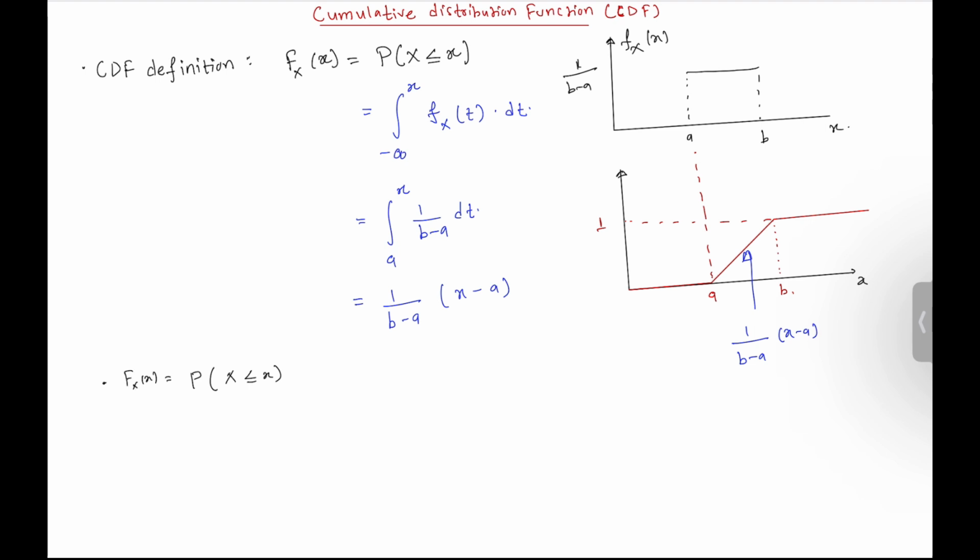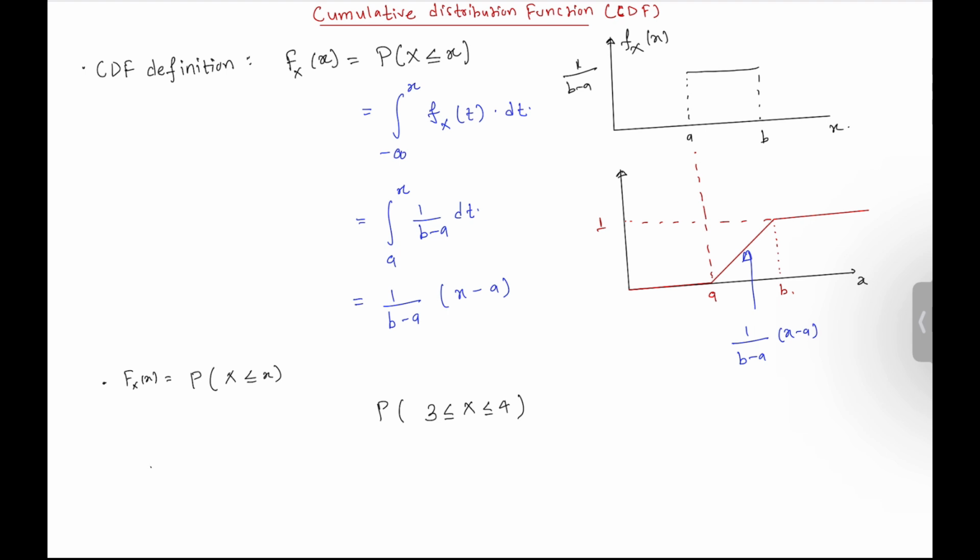This one is given to you, right? And you have been asked to find the probability that random variable x takes the value greater than or equal to 3 and less than or equal to 4. You have the CDF, you can easily find the probability of any general interval. How can you do that?